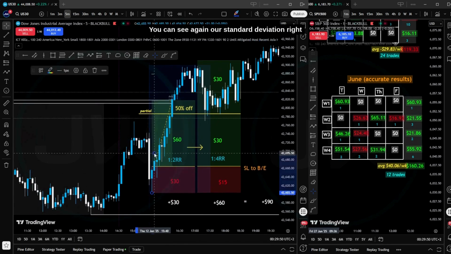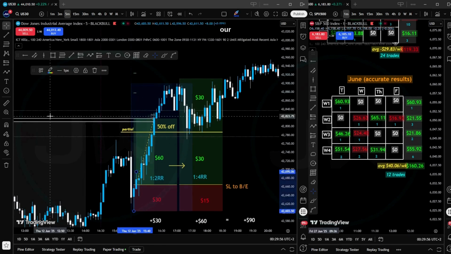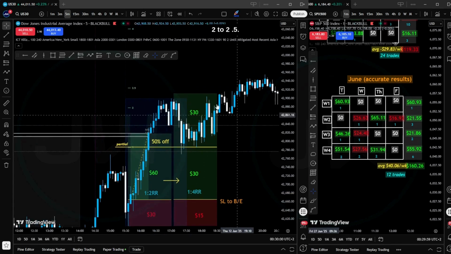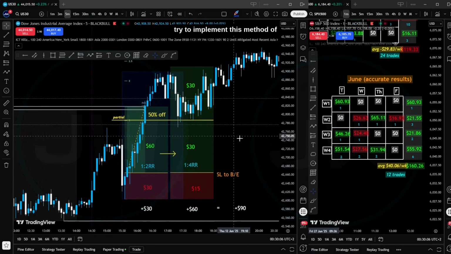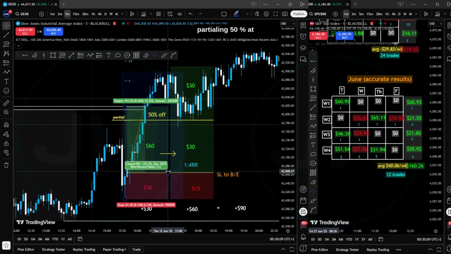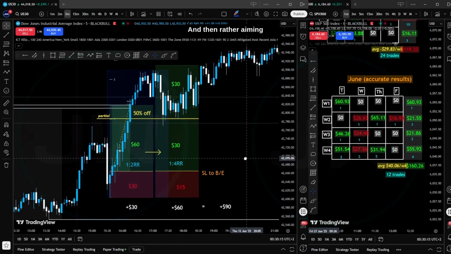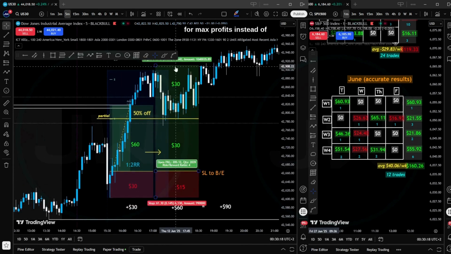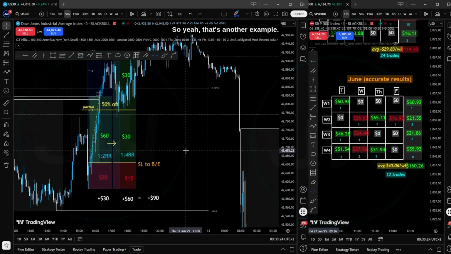You can see again our standard deviation right here lines up with our 2 to 2.5, our first projection. And I think it's not a stretch to try to implement this method of partialing 50% at 1 to 2, claiming our 30% of our original risk, and then rather aiming for max profits instead of cutting ourselves so short like this. So yeah, that's another example.